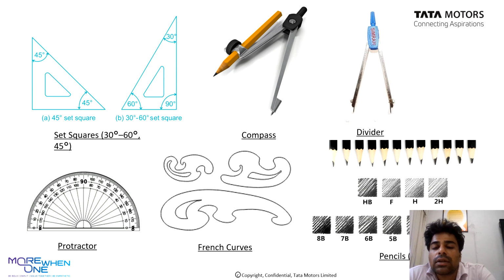HB pencil, as you can see, is very dark. But with a 2H pencil, even if you press harder on the page, it will still draw a very light line on the engineering drawing page. So different types of pencils are used in engineering drawing.